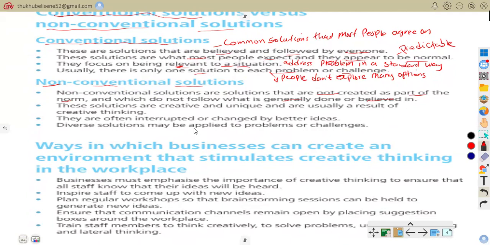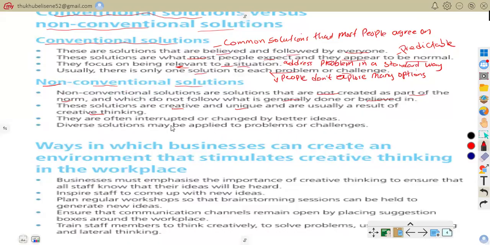So, for example, using social media influencers instead of traditional ads. These solutions are creative and unique and are usually a result of creative thinking.